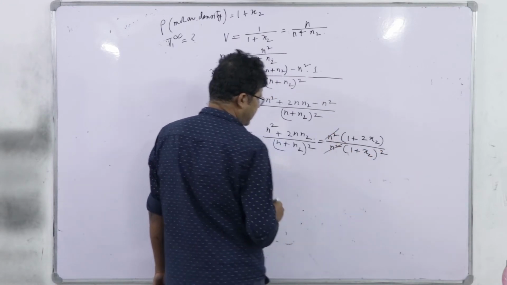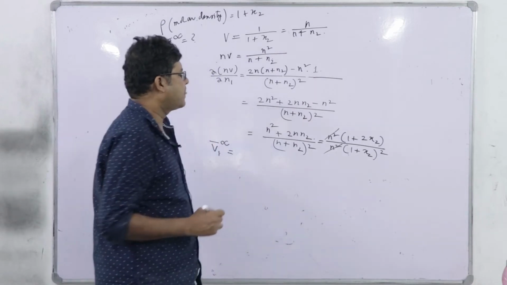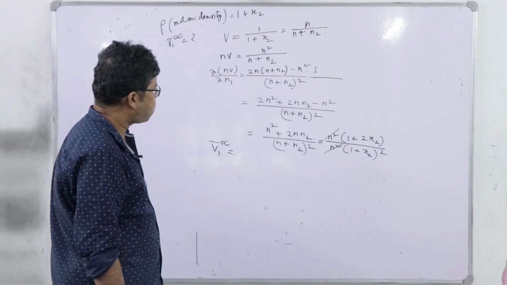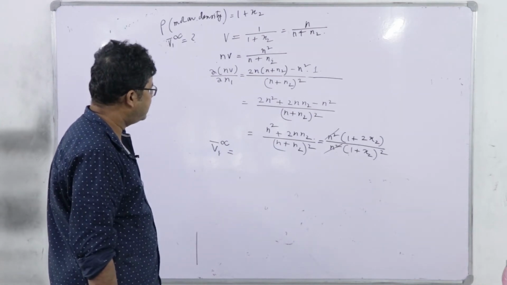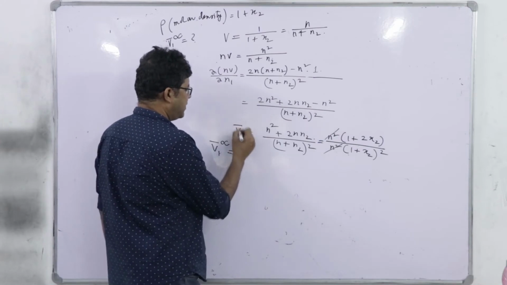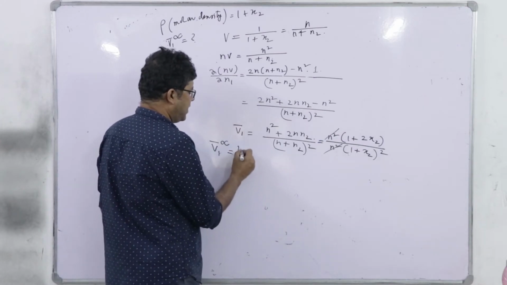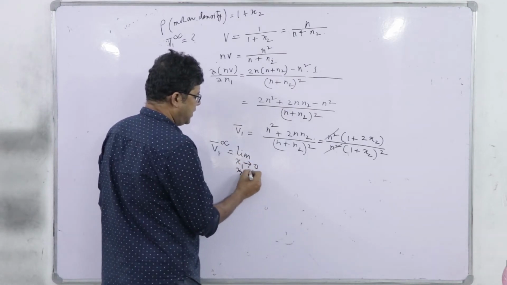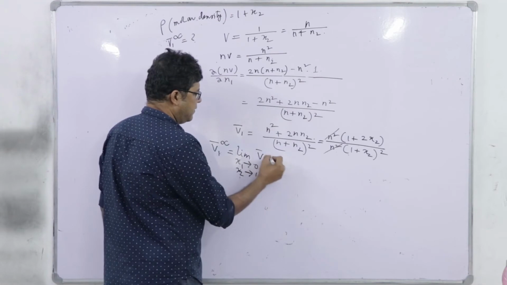So, this cancels out. So, V1 bar infinity is equal to limit x1 tending to 0 and x2 tending to 1, V1 bar.